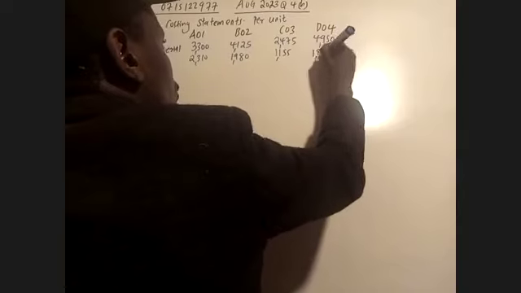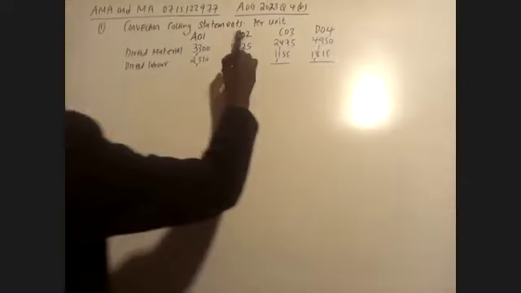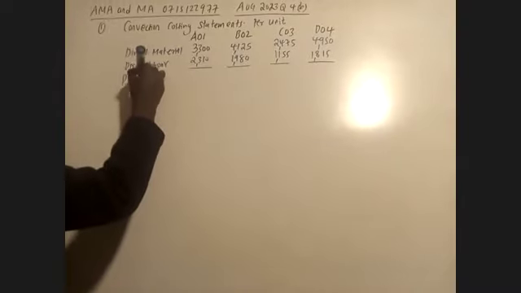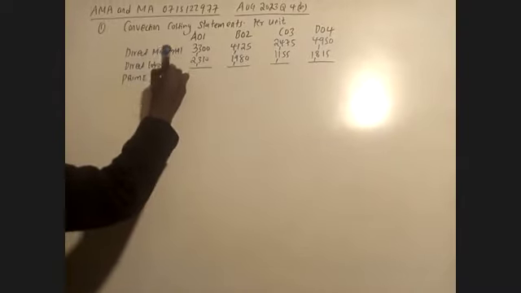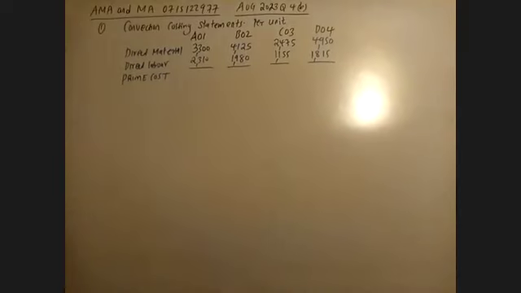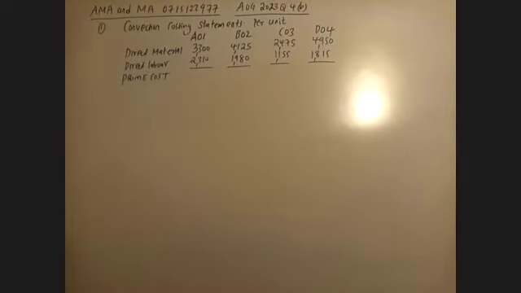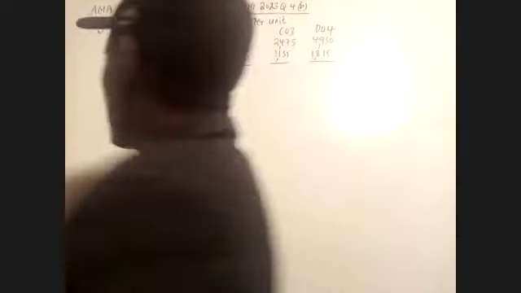So we are together, we get the prime cost. So if we add them together, we shall get the prime cost. So 3300 plus 2310 is 5610.